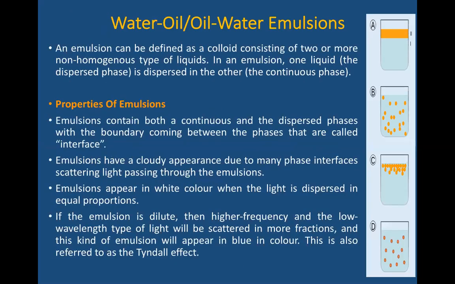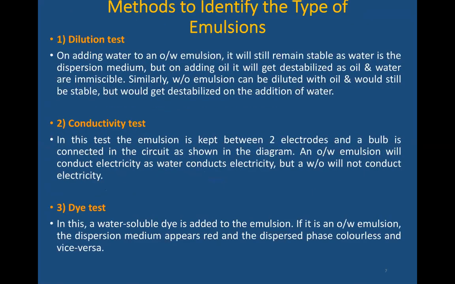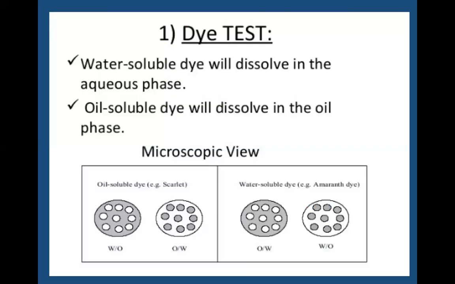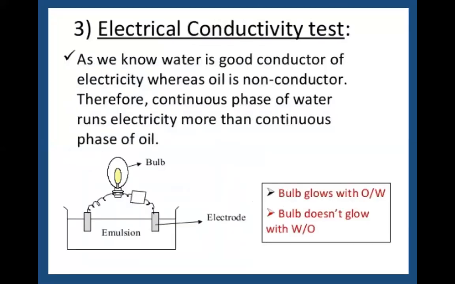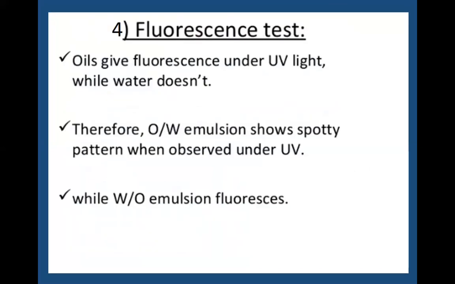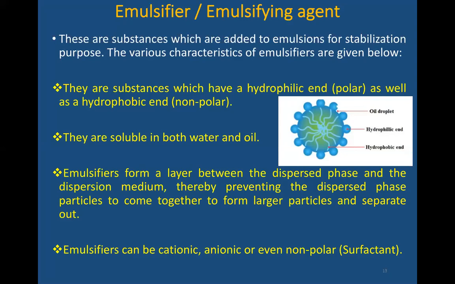Then we discussed different types of emulsion, oil in water, water in oil, and methods to identify the types of emulsion: dilution test, conductivity test, dye test. Then in detail how to do the dye test, the dilution test, the electrical conductivity test, the fluorescence test, the cobalt chloride test, and after that the characteristics or properties of the emulsifying agent.